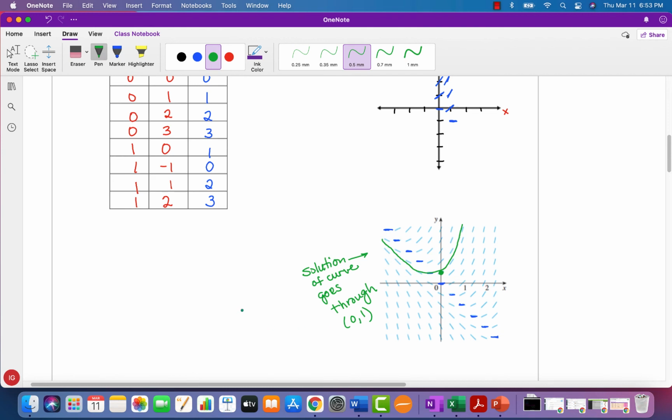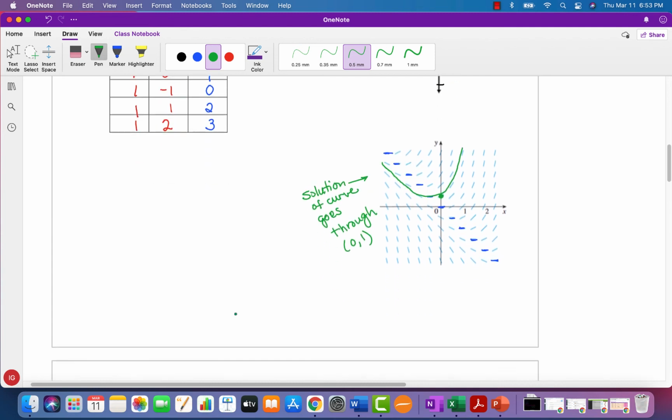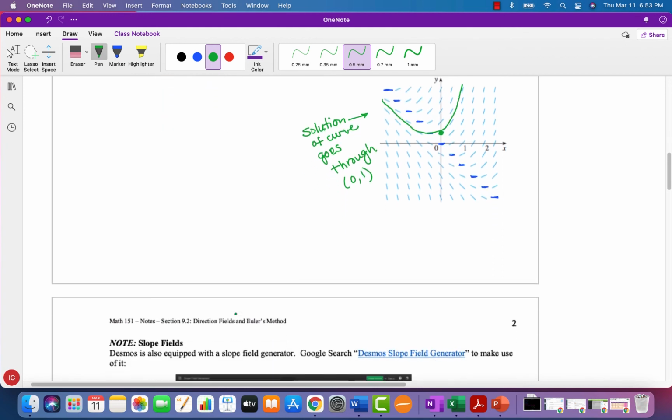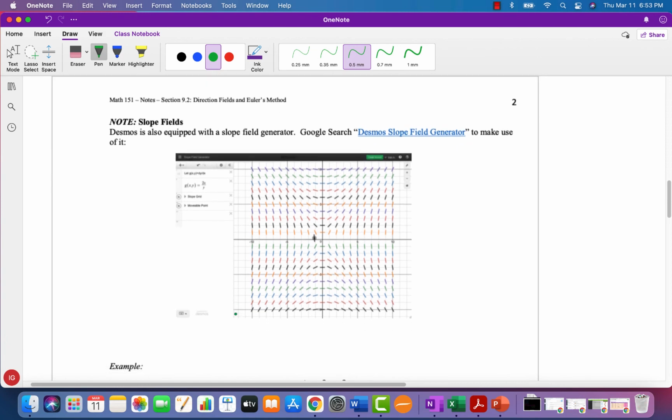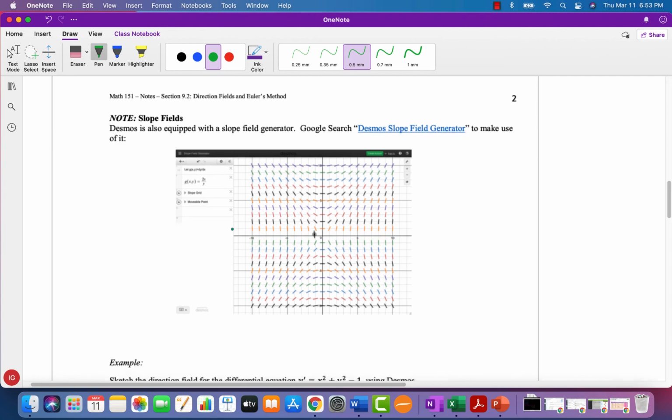Okay, now on the next page I have a link, and hopefully everybody's able to get to the link. Or you can just go to Google search. If you go to Desmos, or just Google Desmos slope field generator, it will take you there, I think it's pretty much the first link.